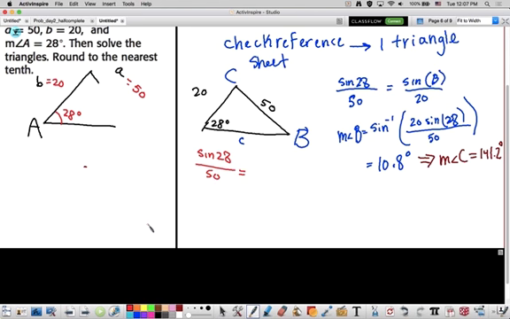C is 66.7. You got 66.7? I got 53.8. Oh, so we have some disagreement there. I got 66.9. It's rounded. I just used Pythagorean. Wait, never mind, you can't use Pythagorean. Be careful.